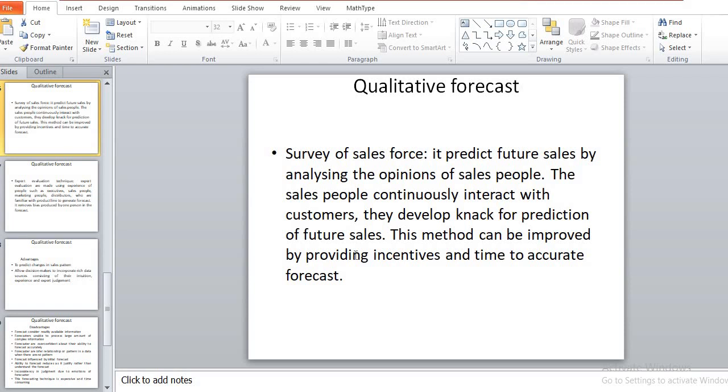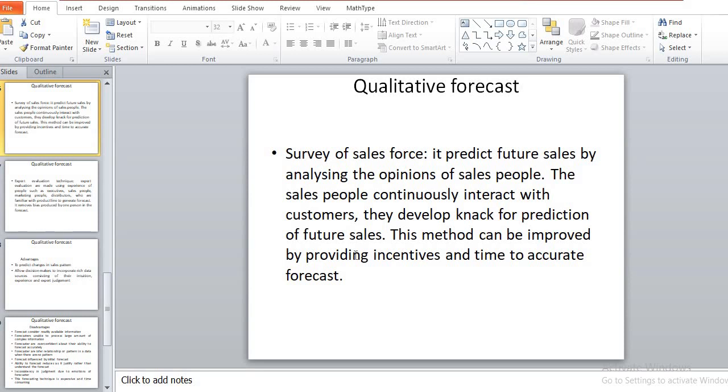The next method is the survey of the sales force. The opinions of the people related to the production line are considered. These salespeople interact with their customers continuously.